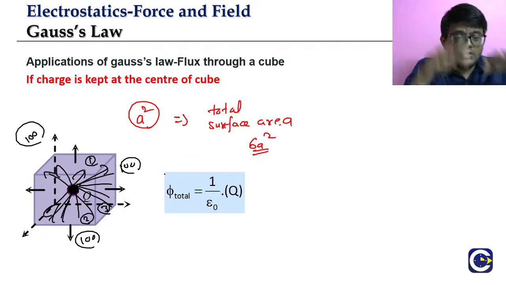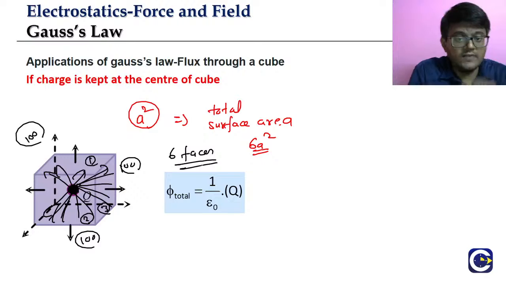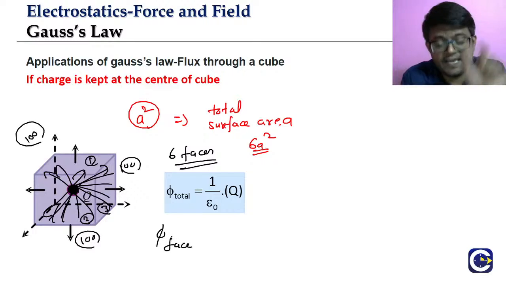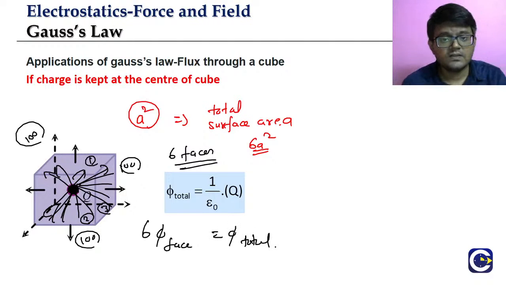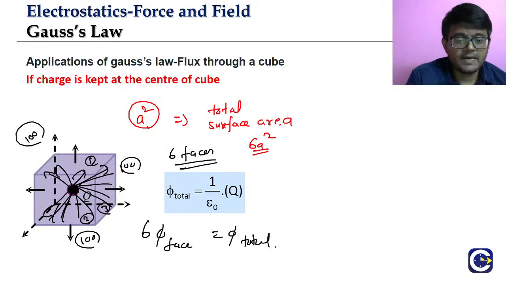Okay, so total flux through the cube என்னது? Total flux through 6 faces. Let's say flux through each face, phi face என்று சொல்லலாம், ஓகேவா? இது நமக்கு 6 times எடுத்தா இதுதான் total flux. இப்போ பாருங்க, total flux நமக்கு தெரியும் ஆல்ரெடி, என்னது? q by epsilon naught.